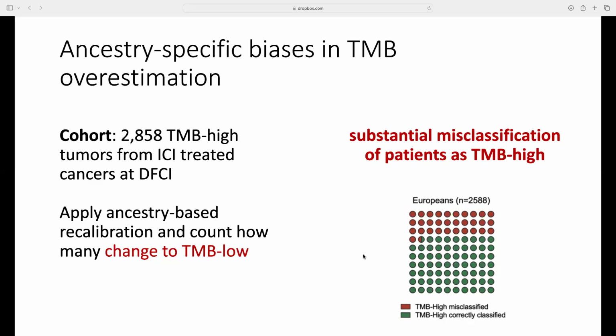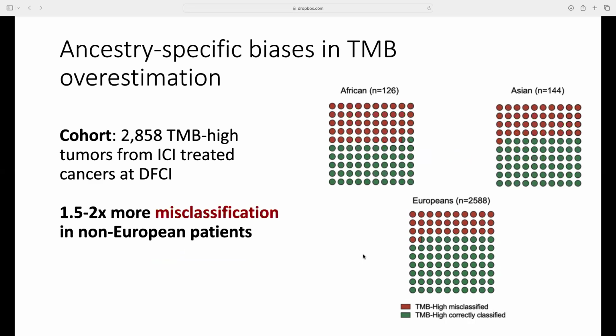But when we expand this to individuals of other ancestries, we see that individuals with predominantly Asian ancestry have about a 40% chance of being miscalled as TMB high, and individuals with African ancestry have close to a 50% chance of being miscalled as TMB high. So there are biases in this estimate, and those biases differ depending on the population. And the reason is because of this underrepresentation in the reference panels that are being used.